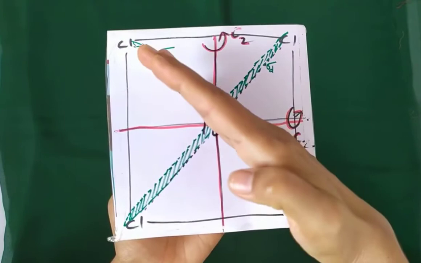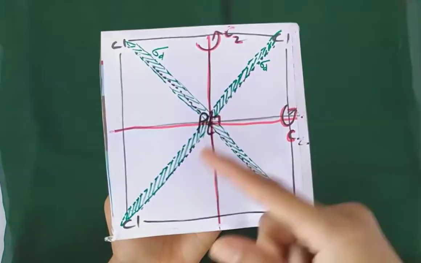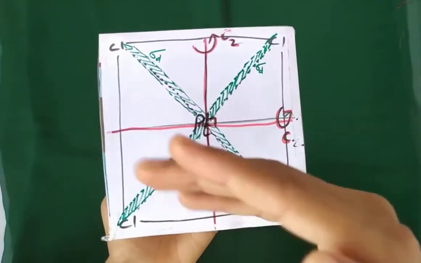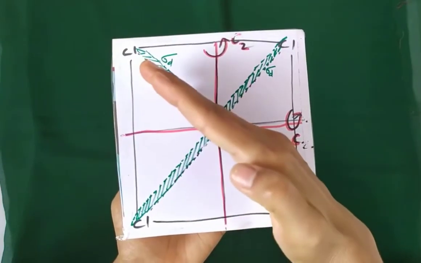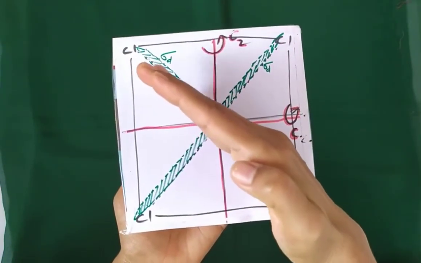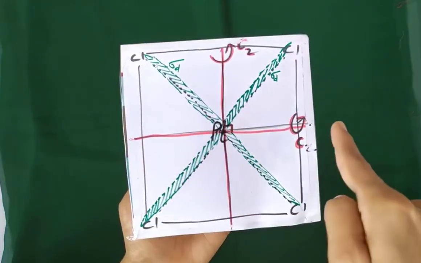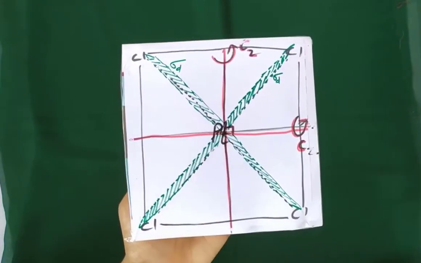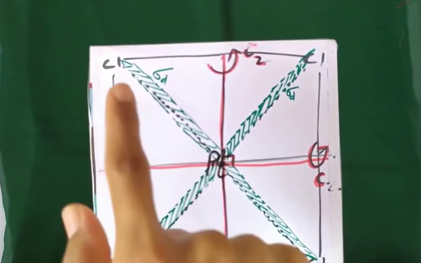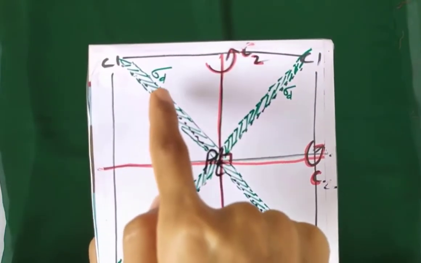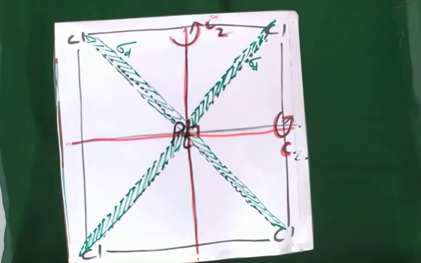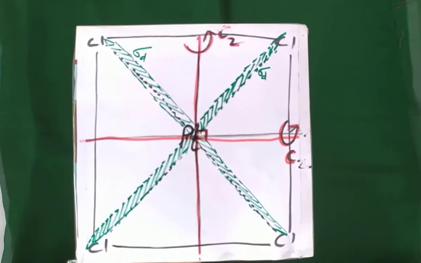If you are passing the plane like this also, then also you are getting the mirror image, and this plane is also a bisecting mirror plane that bisects these two perpendicular C2 axes. So this plane will also be called as sigma D. Alright, is it clear to you?